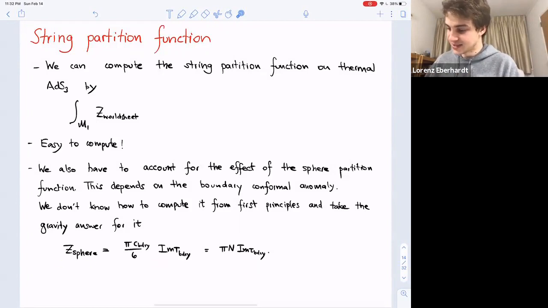So I just take the classical gravity sphere partition function, which in this language translates to pi times n times the imaginary part of the modular parameter of the boundary. And here n does appear, so the sphere partition function as computed by gravity would be in a canonical ensemble, but it's straightforward to translate that back into the grand canonical ensemble. But yes, it would be great to do this more rigorously.